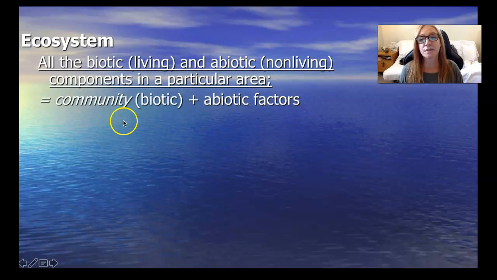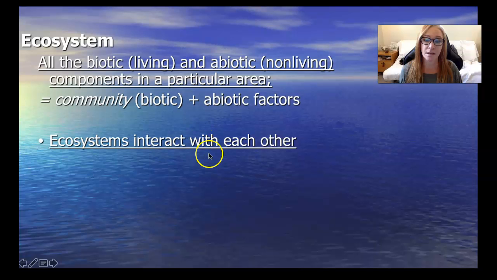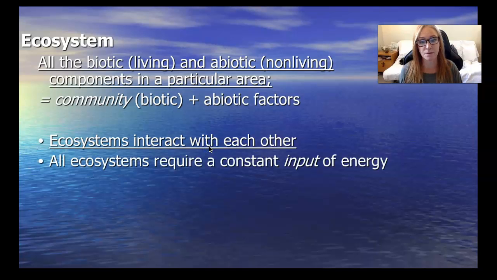Ecosystems consist of communities and abiotic factors. A community is all of the biotic organisms in an ecosystem. And let's not forget that the world doesn't have walls, so ecosystems overlap and interact with each other quite a bit in the natural world. All of them require a constant input of energy.